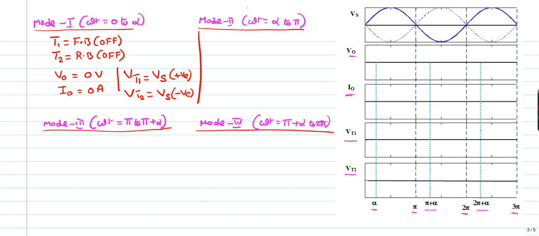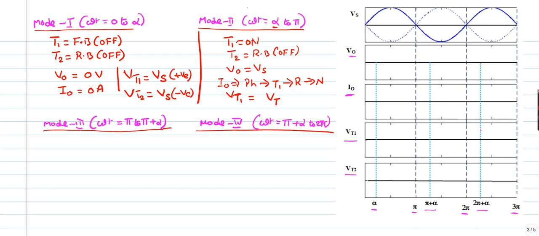Coming to mode 2, alpha is the triggering instant for T1. So T1 goes to on state in this mode, while T2 is still in reverse blocking mode, off state. V0 is equal to Vs, as the load is connected to the source, and the current path is from phase to T1 to load to neutral. Now VT1: T1 is in on state, so it is not 0, it is the on state voltage drop.